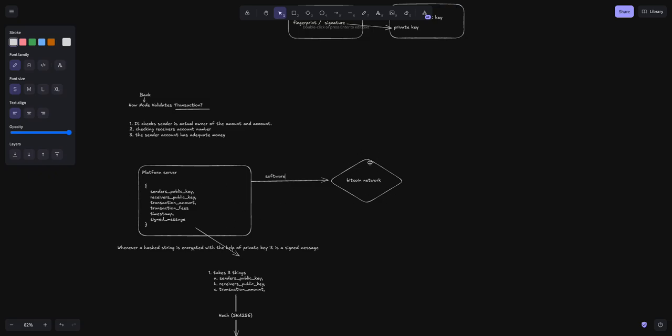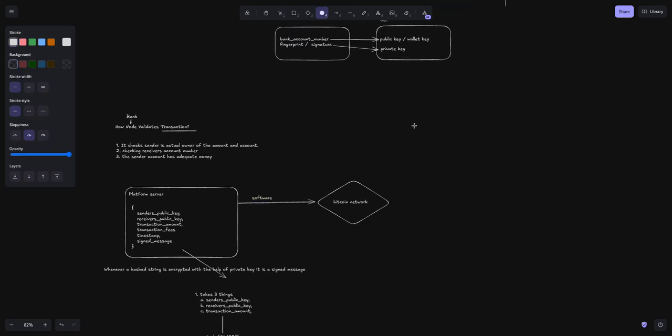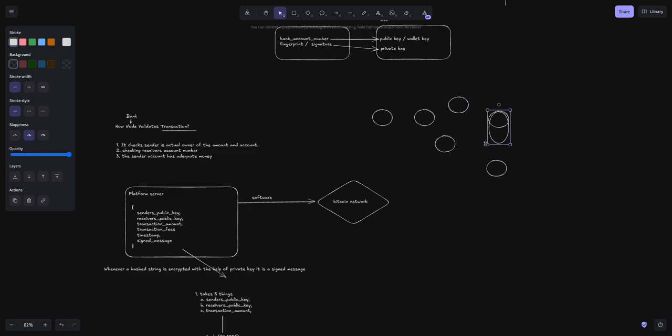This is one element which is connected to the Bitcoin network, right? There are more such elements.